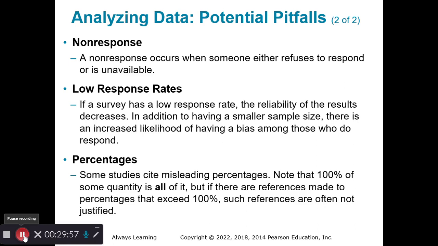You could be opposed to the survey. You could not find a reason to respond. So the non-response issue is just something to be made aware of as we study data. Also, there could be very low response rates.